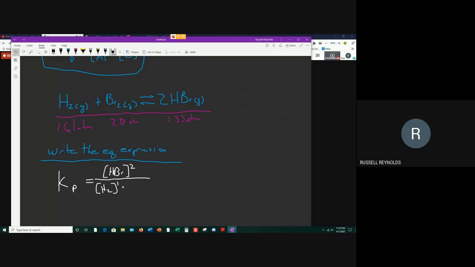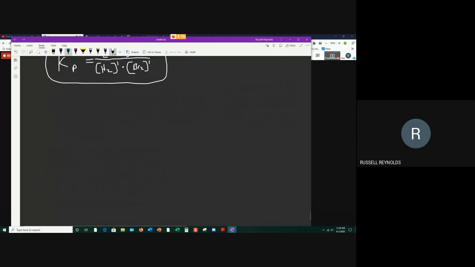So it's to the first power times the other reactant, which is Br2, and it's also to the first power. Okay, and so this is going to be our generic equilibrium expression for this reaction. Kp is equal to HBr to the second power over H2 times Br2.